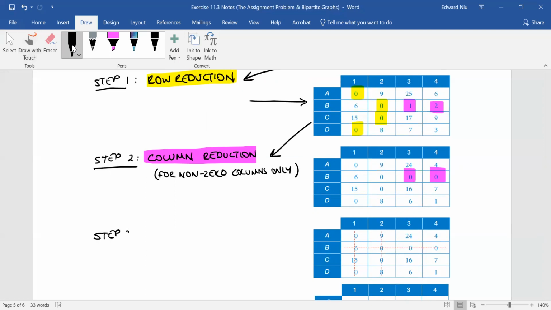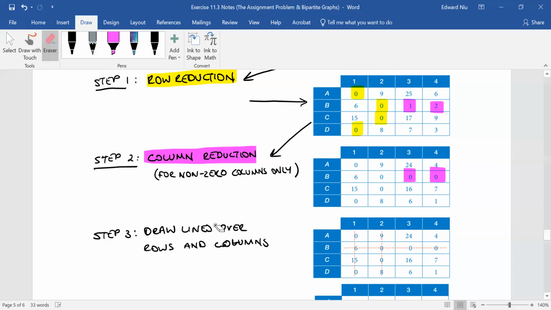From here, we go into step 3. Draw lines over rows and columns with zeros.